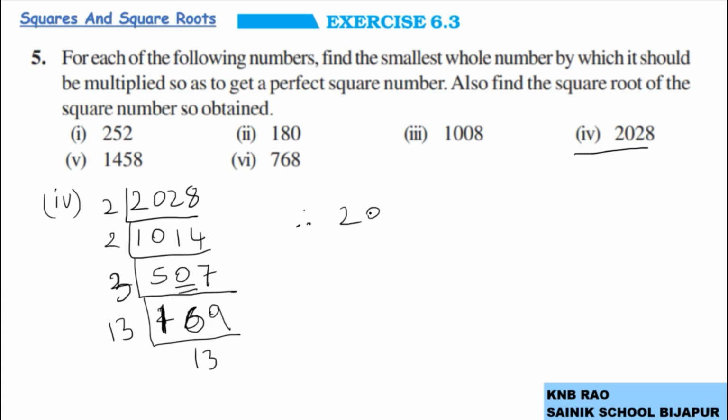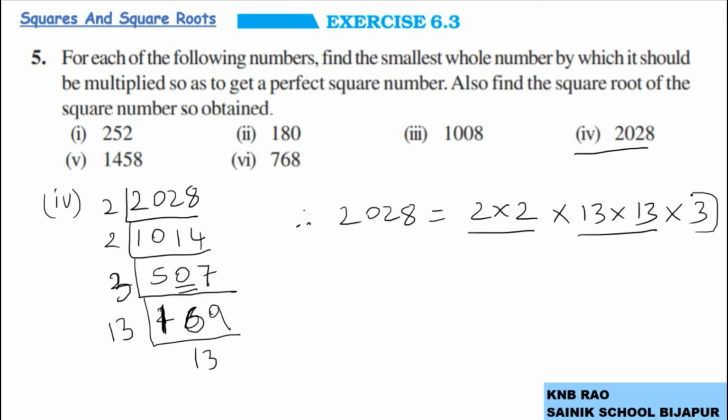Therefore 2028 is 2 into 2, since it is already in a pair, 13 into 13, since it is already in a pair, and I have written earlier, into 3. So I am lacking only a pair for this prime factor 3.